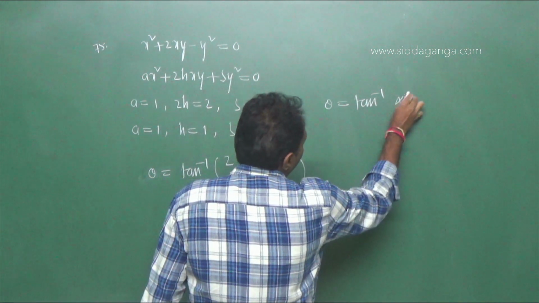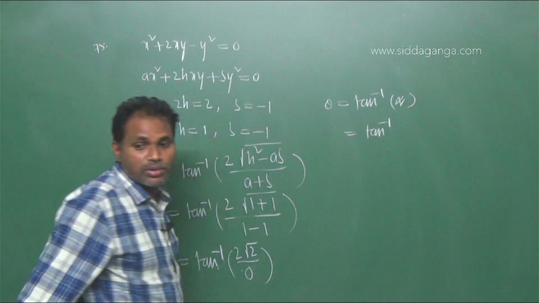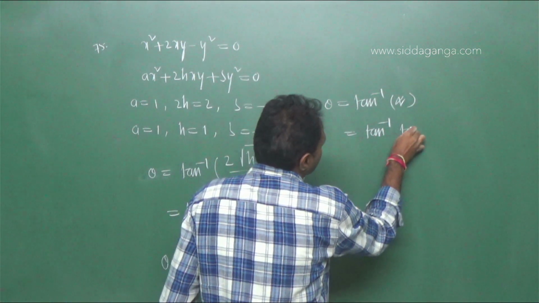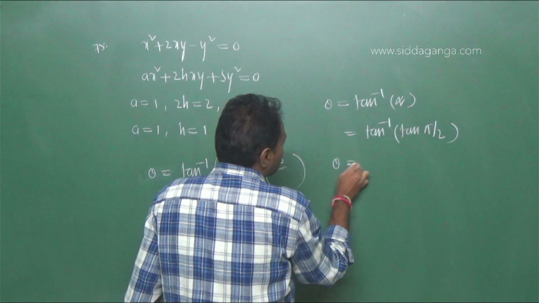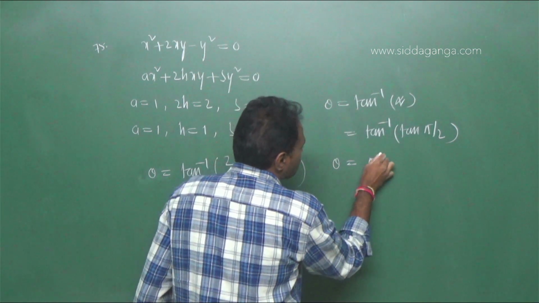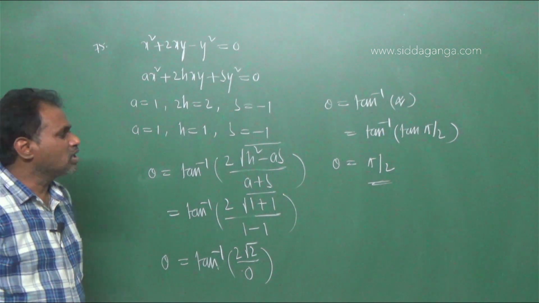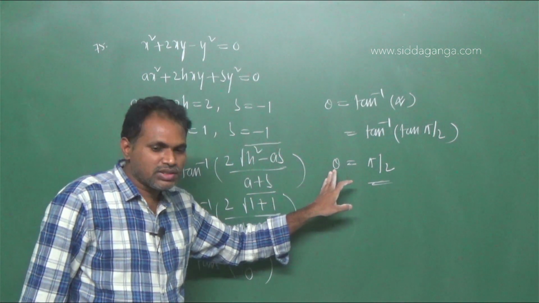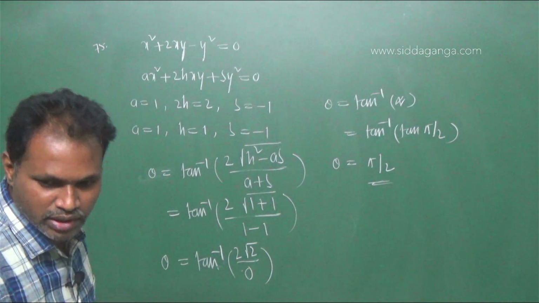Tan inverse of infinite, infinite in terms of tan means tan pi by 2. Therefore, tan inverse tan will cancel. Theta equal to pi by 2. Therefore, the angle between the given pair of straight lines is theta equal to pi by 2. Therefore, option 4 is right. Okay, thank you.